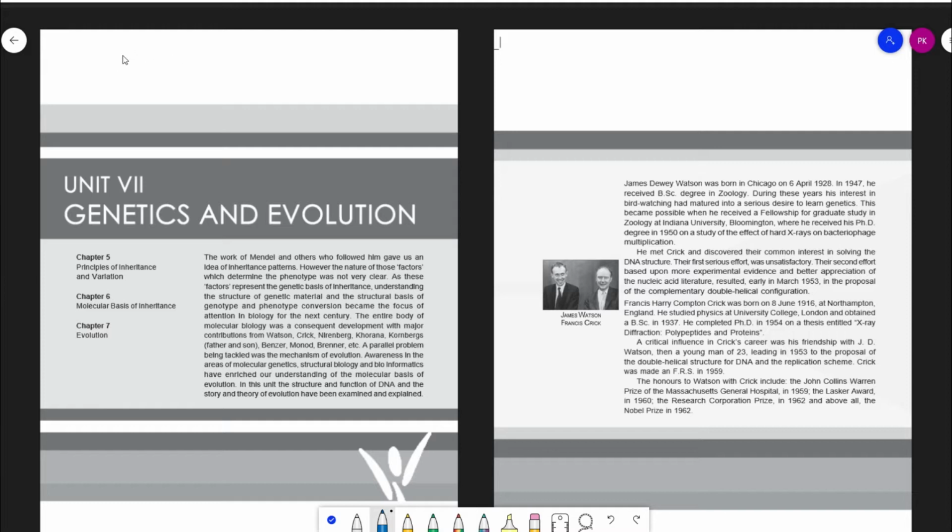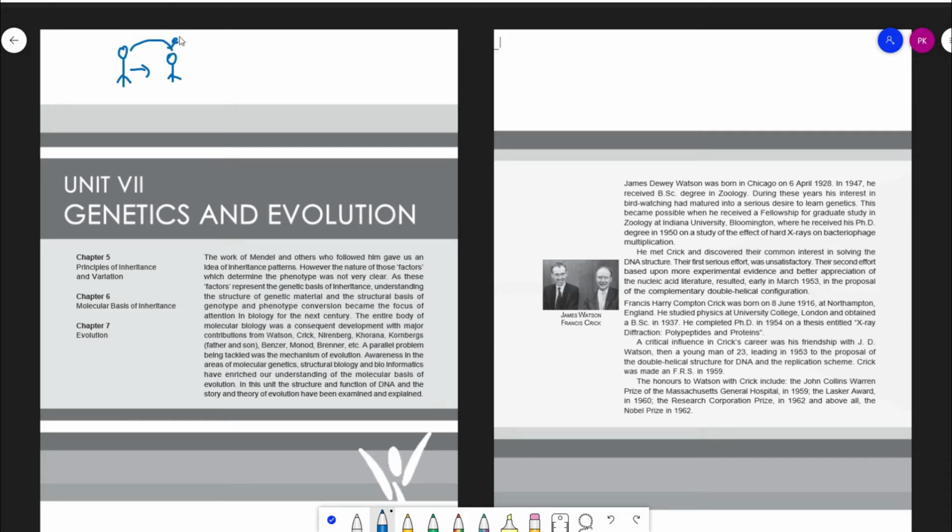So genetics. When your parents transfer every piece of information that they contain into you, and whatever differences there are, whatever ways you are different from your parents or your siblings, all of these are genetics.